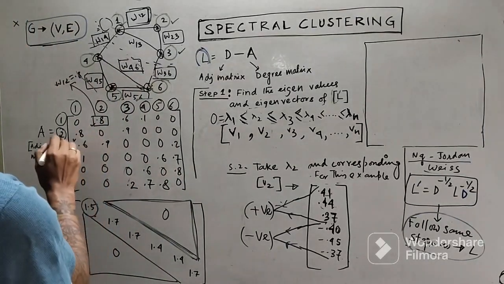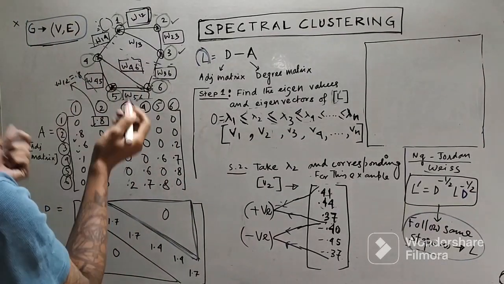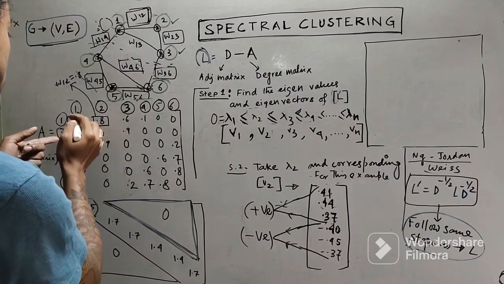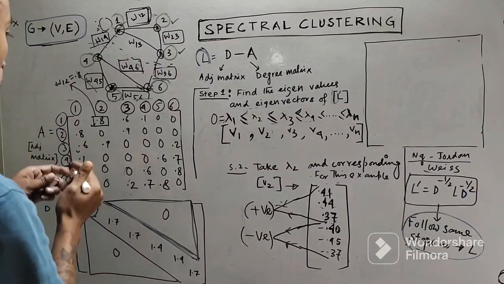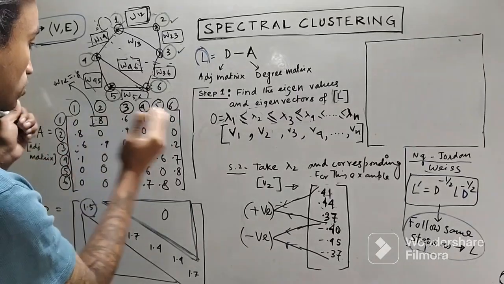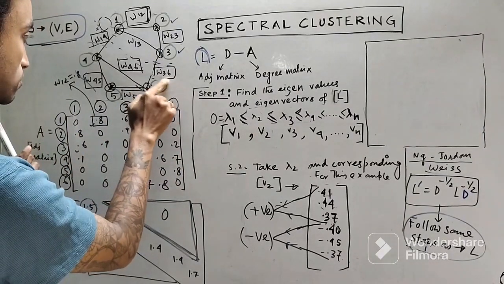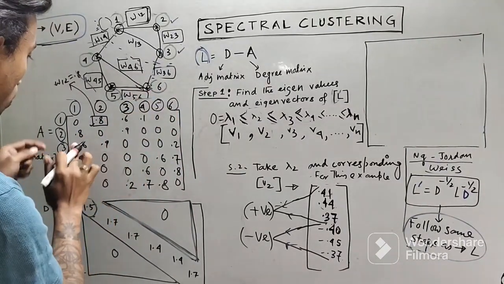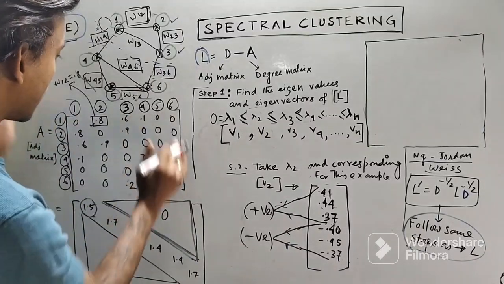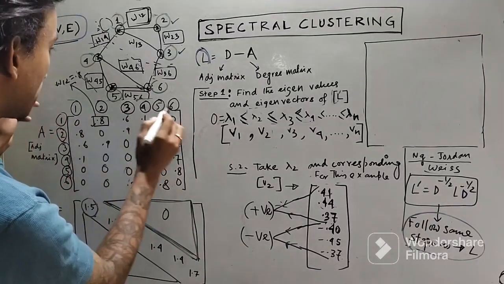What is the connection between 2 and 1? That is similar to W12. If we populate this entire matrix in this way, we get the structure of the graph in matrix form.